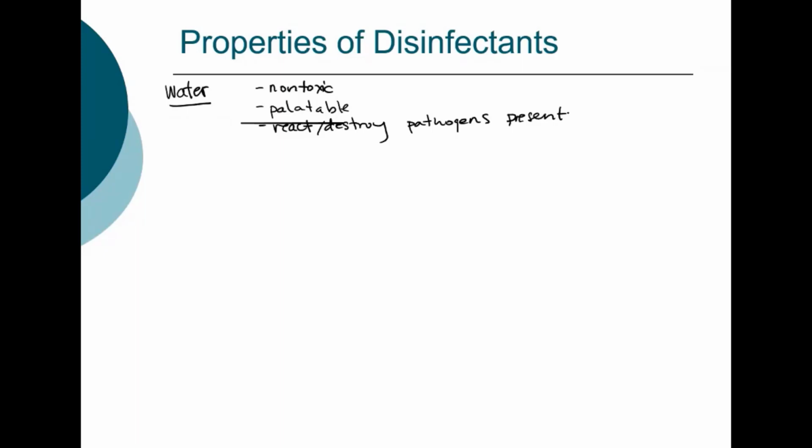It has to be able to inactivate or kill the pathogens present. And the reason we use inactivate is because, for instance, viruses are not alive, so kill doesn't make sense. Inactivate is typically the term that's used.